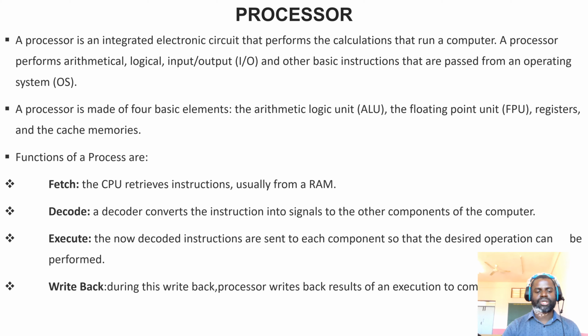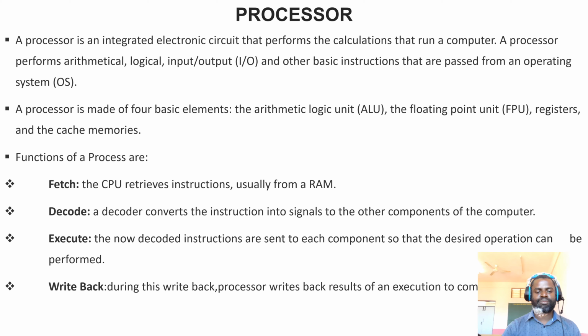Then next, execute. The decoded instructions are sent to each component so that the desired operation can be performed. And the last function is write back. During write back, the processor writes back results of an execution to the computer's memory.